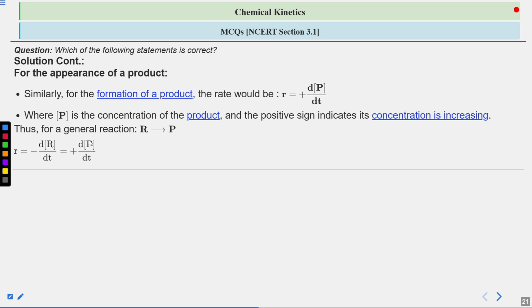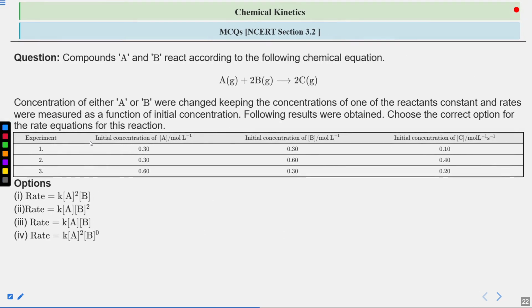so let's move on to our next question. Now this is an MCQ and this is covering the NCERT section 3.2. The question says that compounds A and B react according to the chemical equation A plus 2B giving 2C.